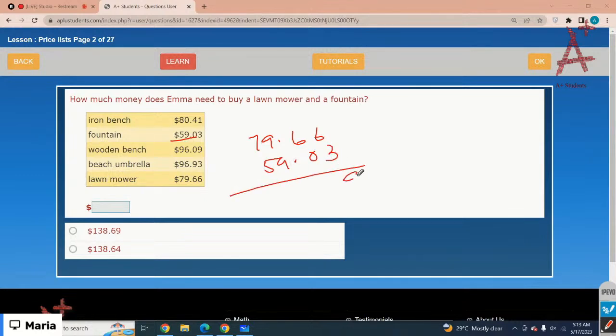Just add both the items. 6 plus 3 is 9. 6 plus 9 is... 9 plus 9 is 18, and 7 and 5, 12 and 30. That means if she has to buy both the items, she must have $138.69. Got it?